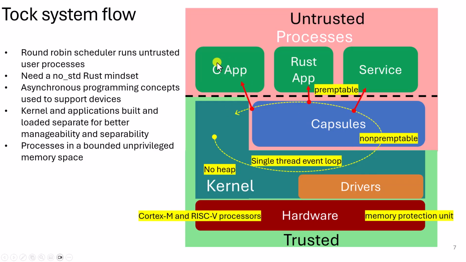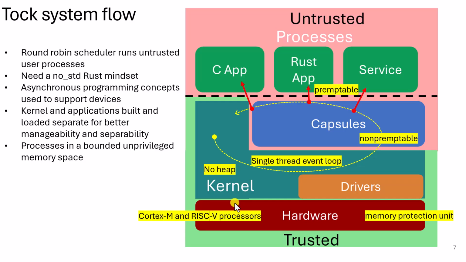And finally, trustfulness, or untrustfulness, of the processes is maintained by using a memory space that's separate from the kernel. So we talked a lot about the Tock system.